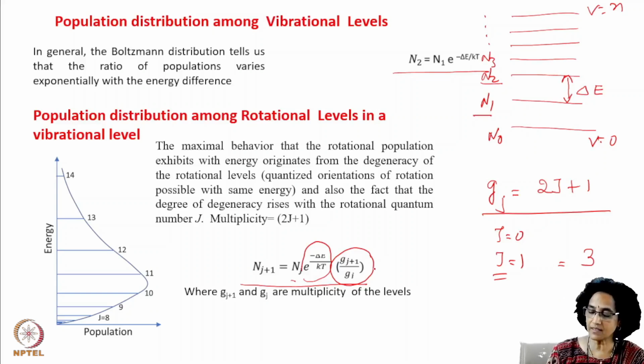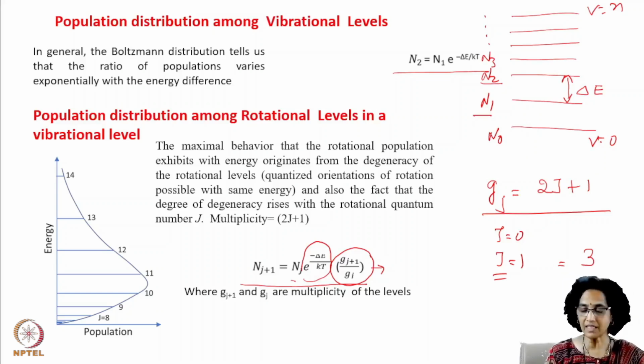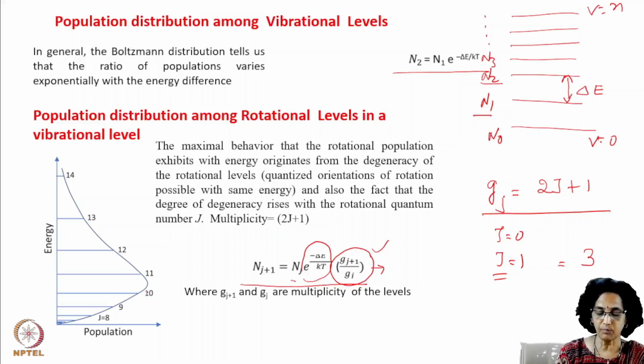This factor increases with increasing J, and the other reduces as the energy increases, and therefore there is a maximal effect. Initially, the multiplicity factor dominates, so the population is increasing, and as the energy increases, the exponential decay factor dominates, and therefore the population reduces.